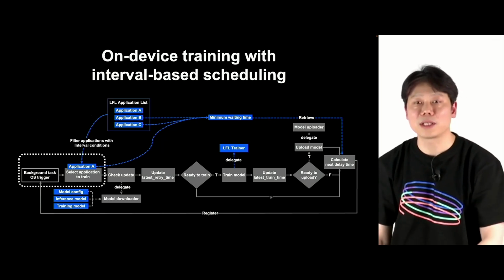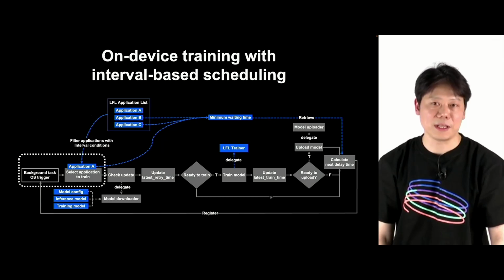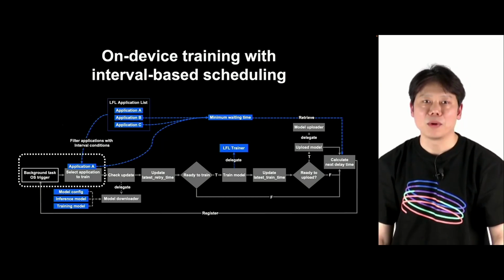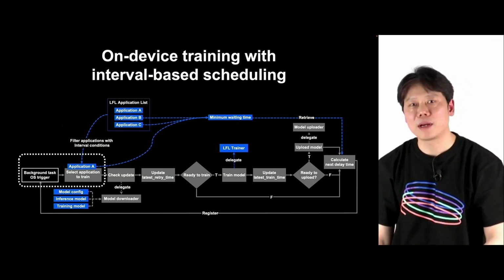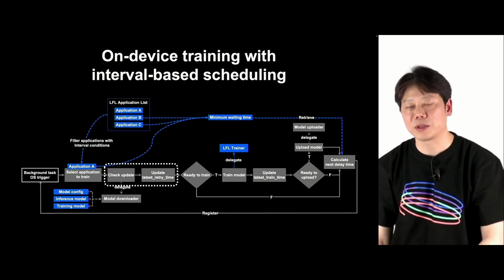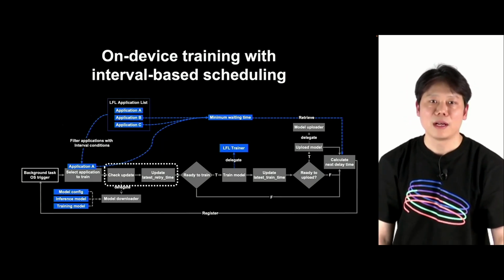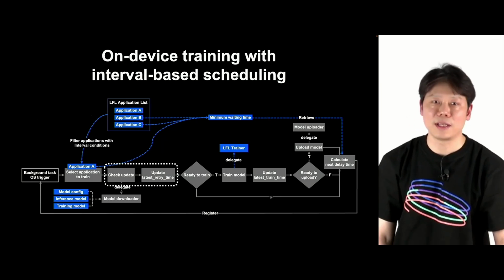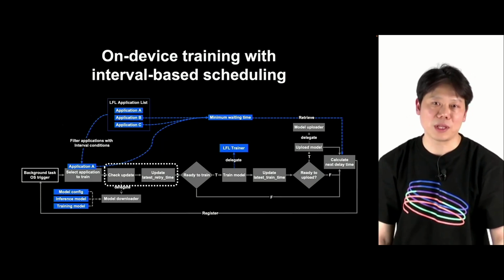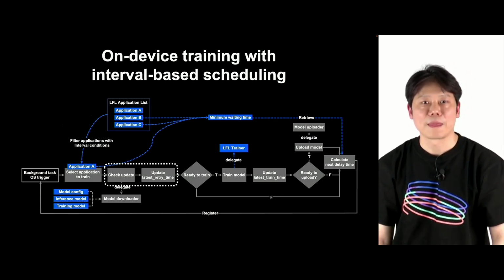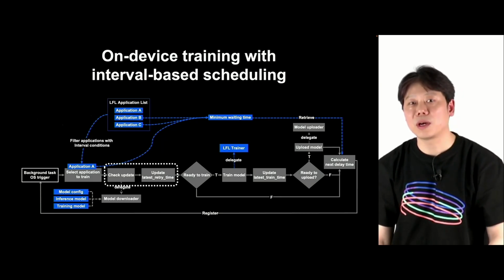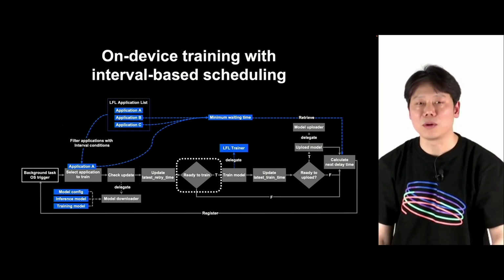The priorities and the latest training time are considered to choose the applications for learning. And we compare the server model version and the device model version to update to the latest version. Before we compare the conditions, the latest training time is updated.